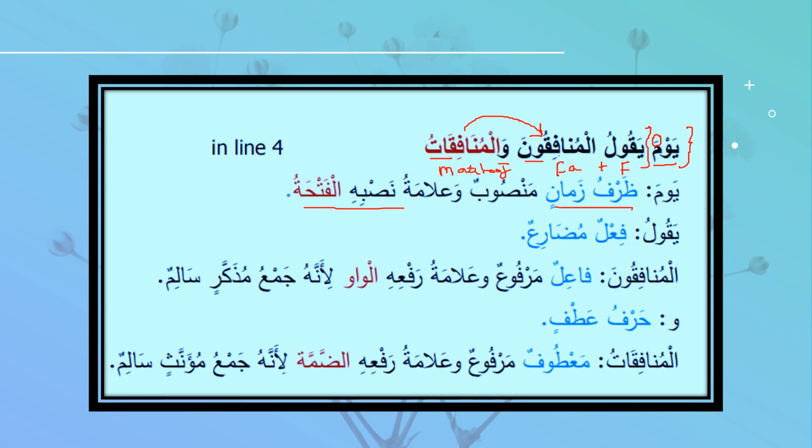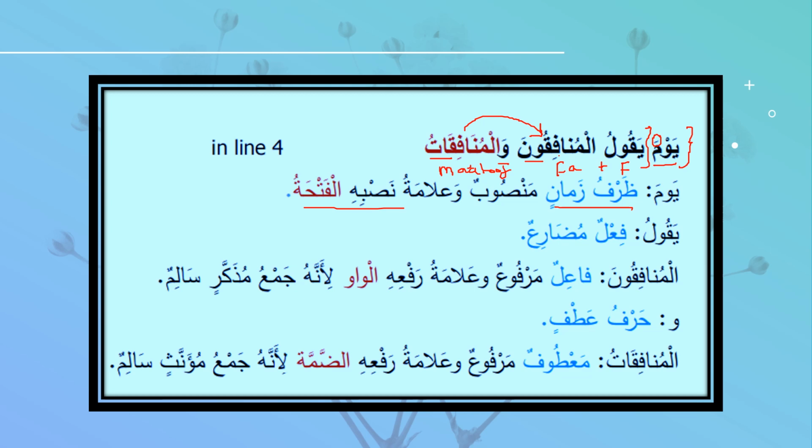Yaqulu is fi'l mudari. And yaqulu means he says, or as you know, this is a fi'l for a single male, whereas the fa'il is jama. So why has the singular fi'l been used?